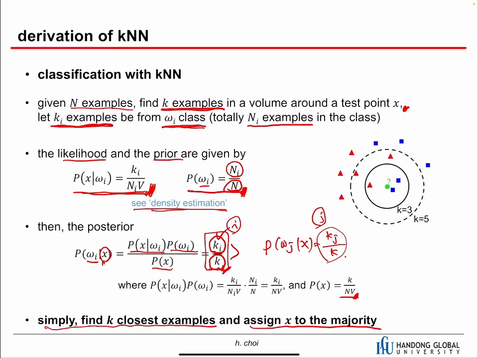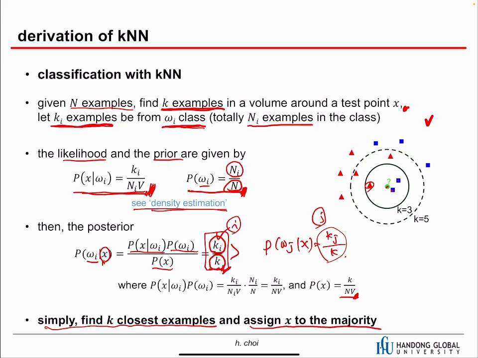Okay, let's take a look at this example on the right side. When k is 3 and the green one is a new data sample, first we have to find 3 neighbors. The closest one is this one, then this one, and this one. So we found 3 neighbors, and we have 2 blue samples and 1 red sample.